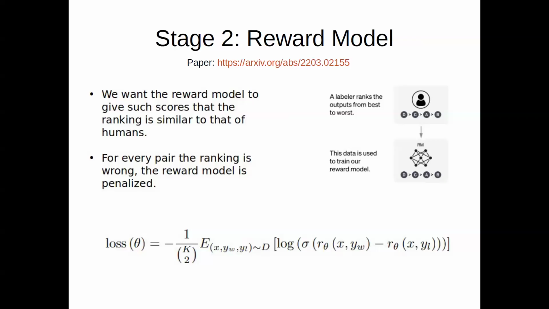So, for example, if BERT gave the low-ranked sentence the same reward as the higher-ranking sentence, then this difference will be close to 0. And do you remember what the value of sigmoid of 0 is?